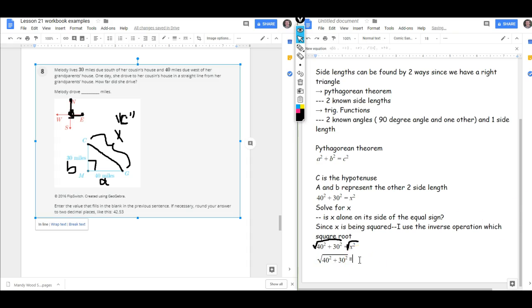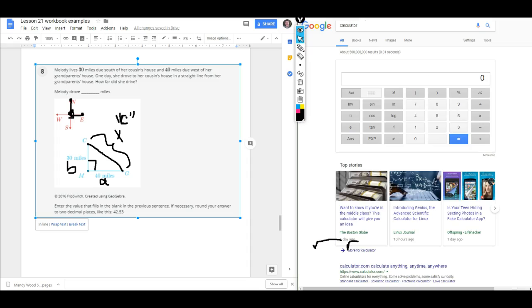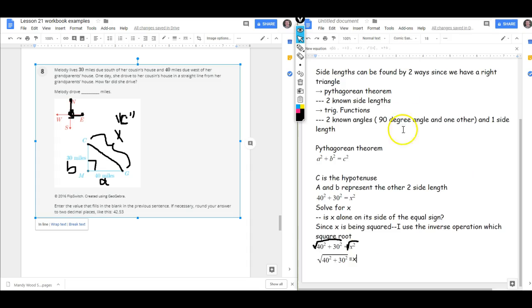Now I ask, is x alone on its side of the equal sign again? Yes. So now I have to figure out what the square root of 40 squared plus 30 squared is. We use a calculator: the square root of 40 squared plus 30 squared is going to equal 50.